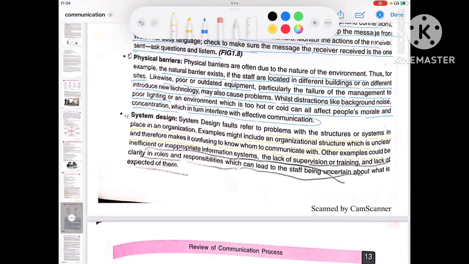Other examples could be inefficient and inappropriate information systems, lack of supervision, training, and lack of clarity in roles and responsibilities, which can leave staff uncertain about what is expected of them. So in system design, there is a lack of control. What is lack of supervision? They don't know how to do the procedure or how to maintain the system. All these come under system design.